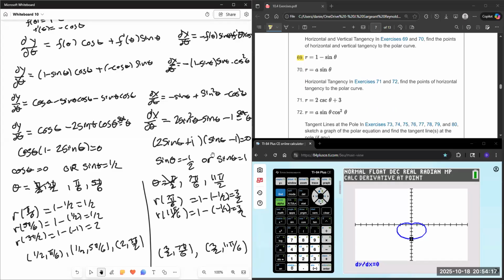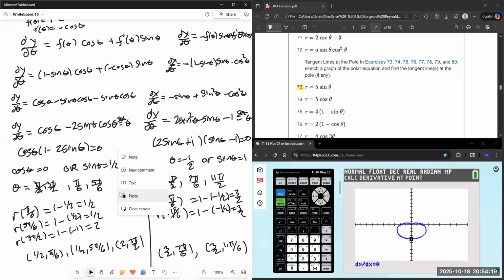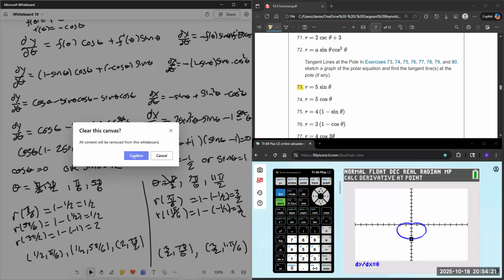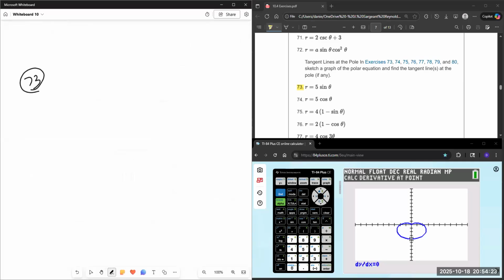Let's look at number 73. For the equation, r is equal to 5 sine of theta, sketch the graph of the polar equation and find the tangent lines at the pole, if there are any.